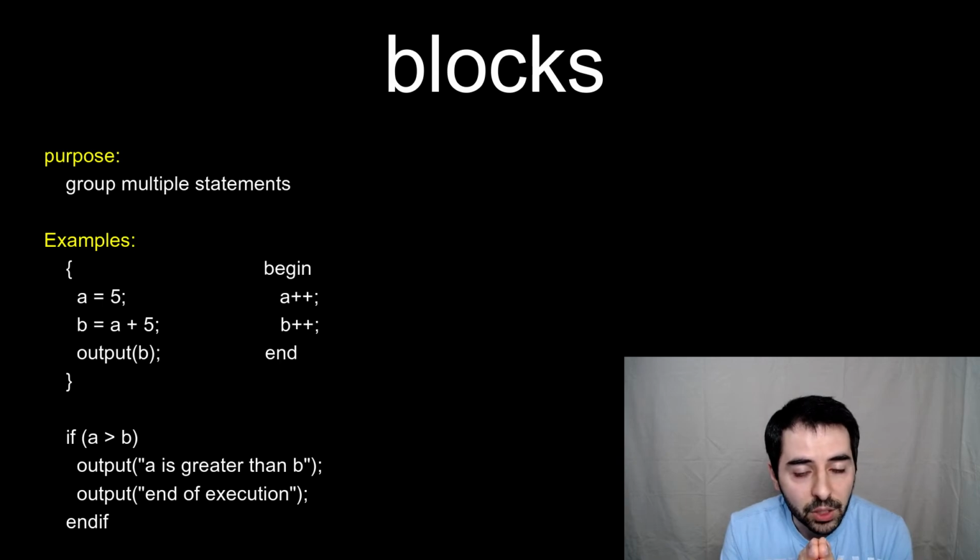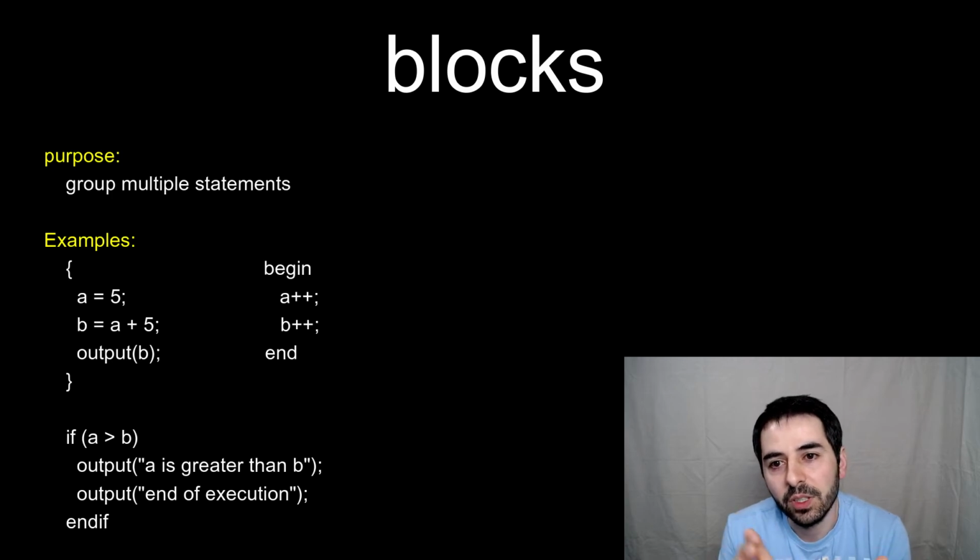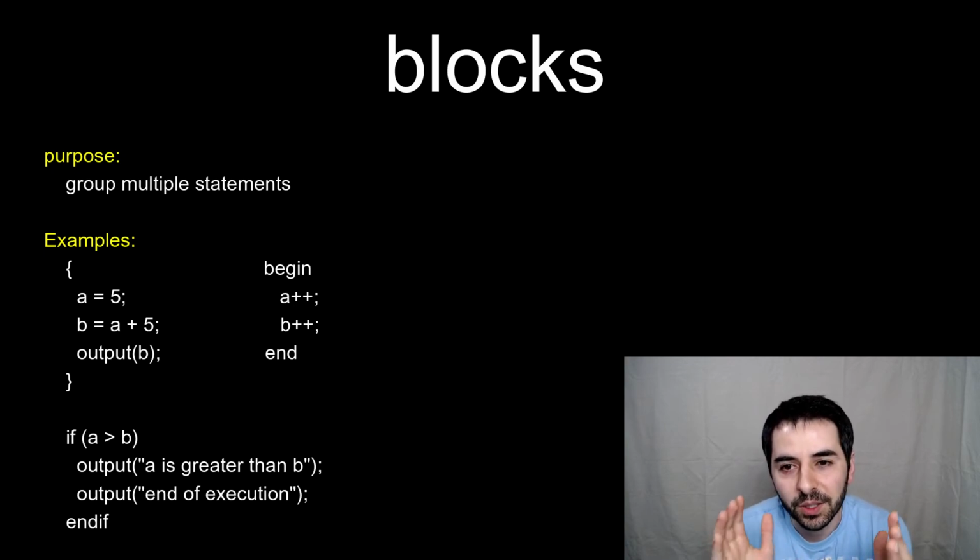A block is a special syntax for grouping several statements together. Let's say you are writing code for something. Let's consider a new example: if we want to bake a cake, we want to group these statements, like add flour, add water, add salt, baking powder, sugar, and then mix, and then do something else.